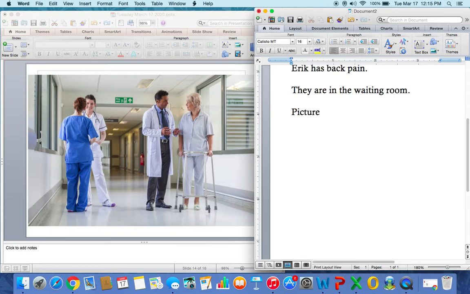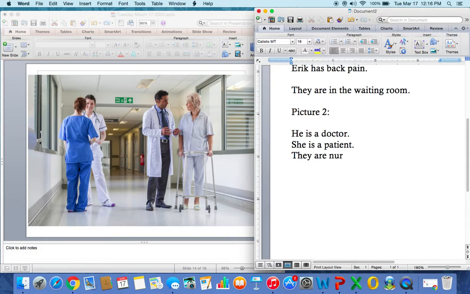So let's actually do those sentences. This is picture 2. So we can put he is a doctor. She is a patient. Let's assume they are nurses.